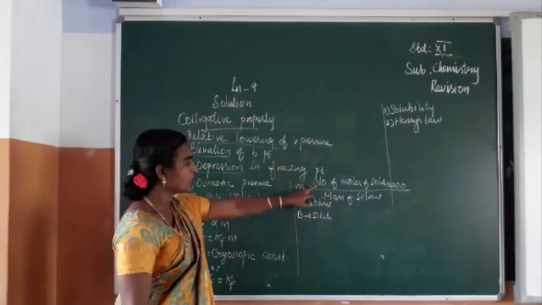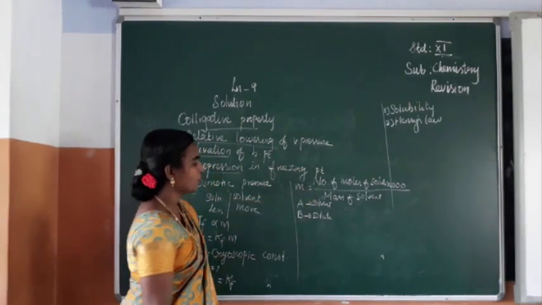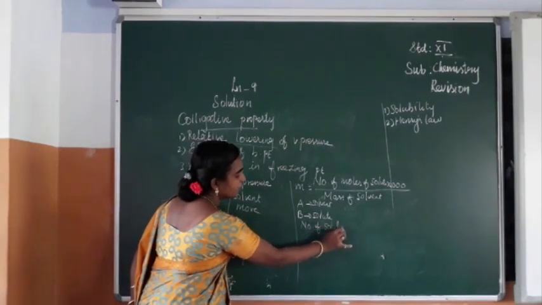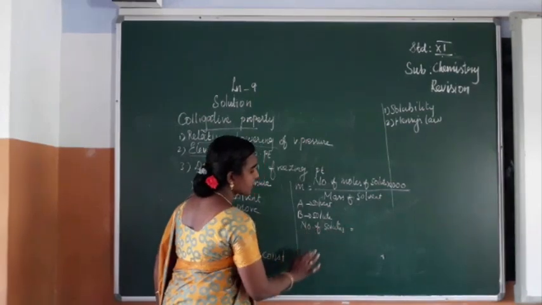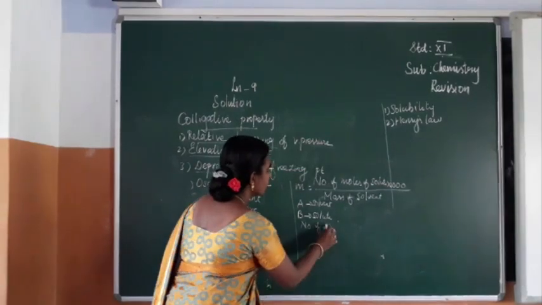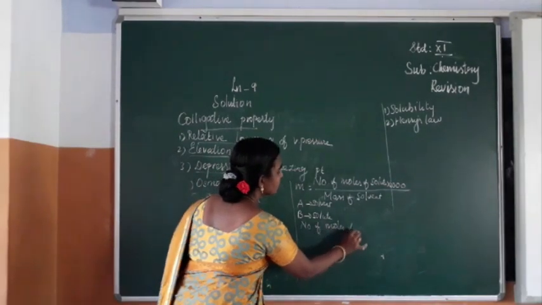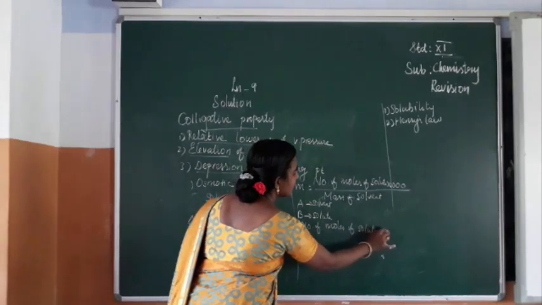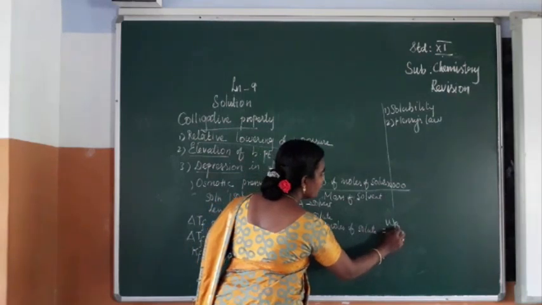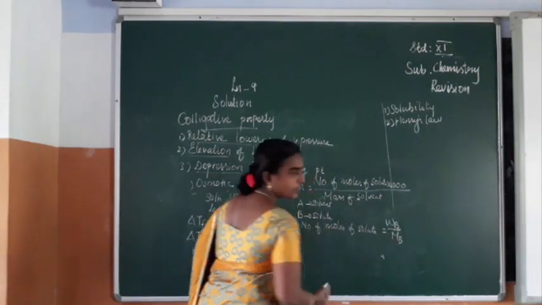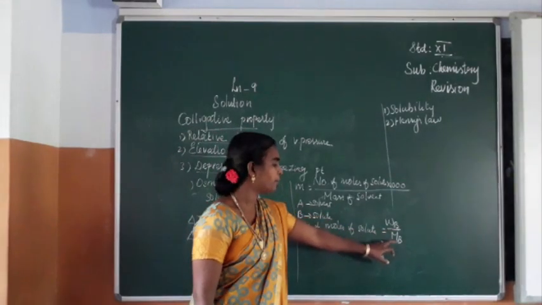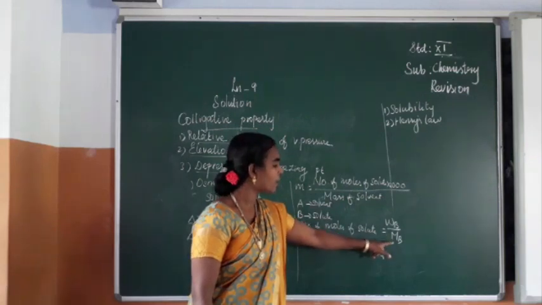So first we are going to find out the number of moles of solute. Number of moles of solute is equal to WB divided by MB. WB stands for weight of the solute, MB stands for molar mass of the solute.